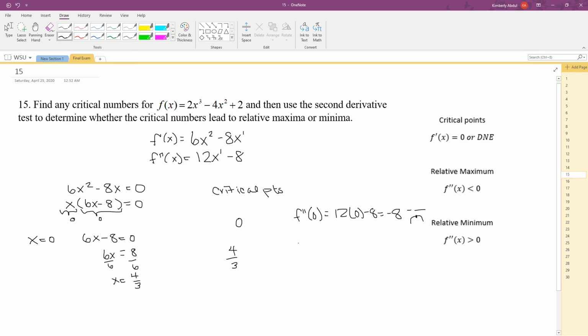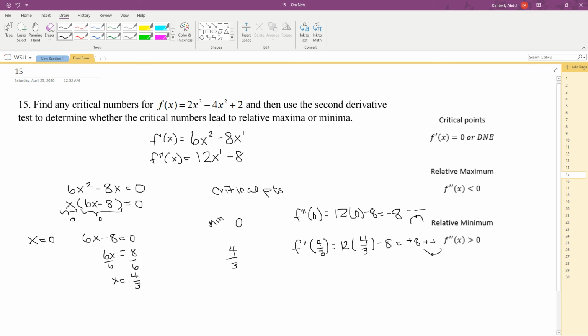And then here, f double prime of 4/3 is going to be 12 times 4/3 minus 8. So 12 times 4/3 is going to be 16. Minus 8 is positive 8, which means that it's going to be a relative minimum.